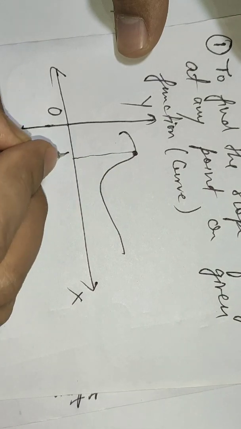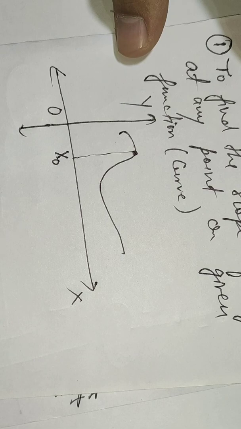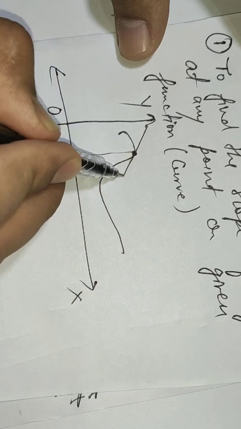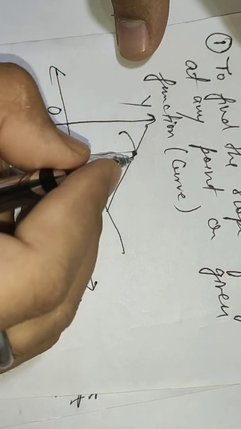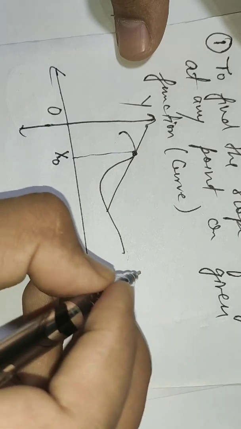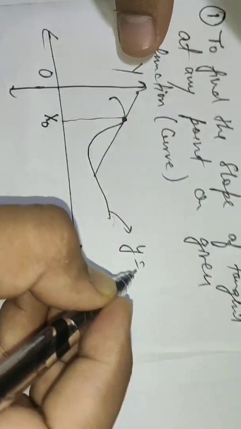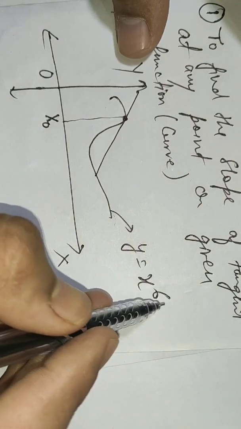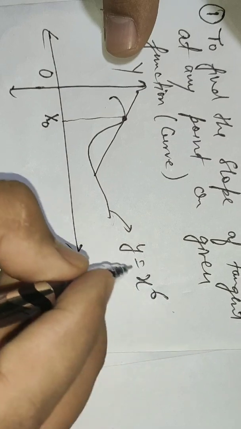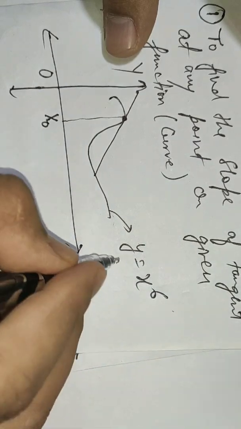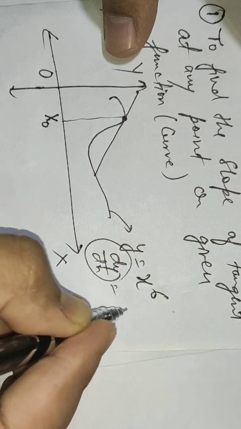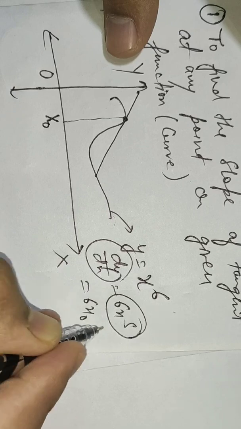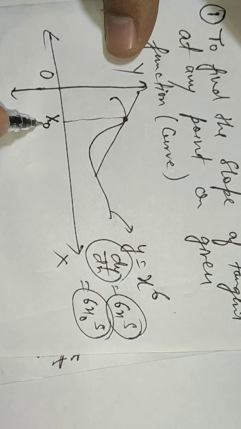Suppose this point is x naught. At x naught you want to find the slope of the tangent, so just draw this tangent. Suppose this function is y equal to x power 6. You are going to differentiate this function and you will get dy by dx, which is equal to 6x power 5, and then you put in x naught, because you have to find the slope at the x naught point.